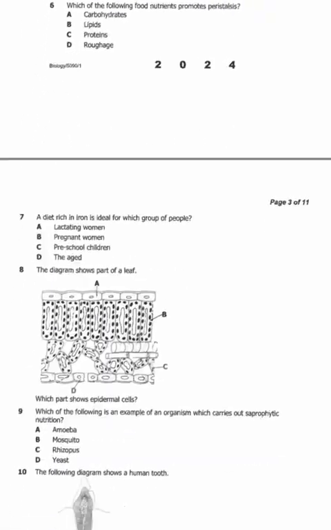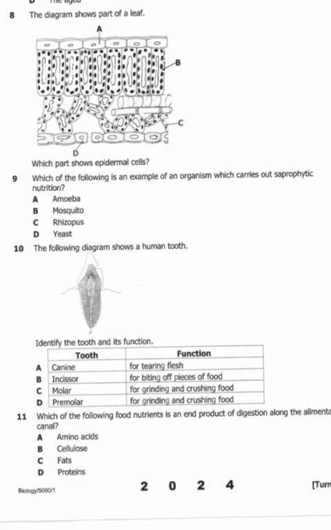Then let me go to question 8. Question 8 is focusing on the leaf structure. We have parts labeled A, B, C, and D. They can ask you to label A. Apart from that, they can also ask you the function, the location, and the adaptation, especially for B, which is the palisade cell.